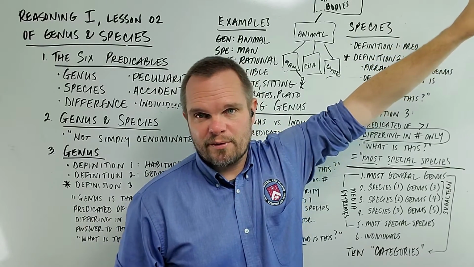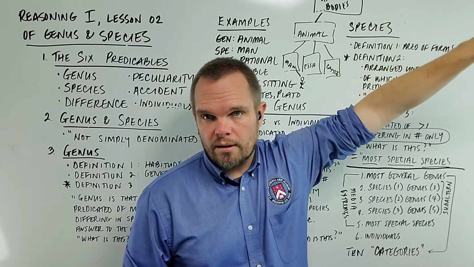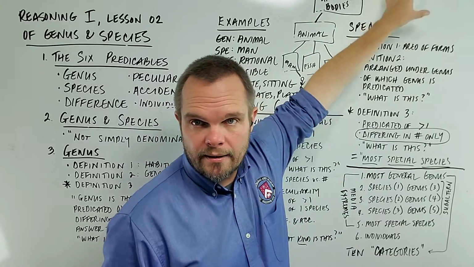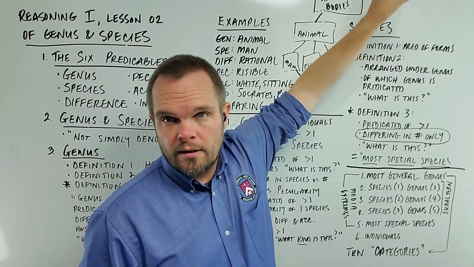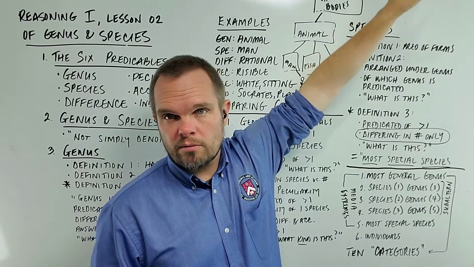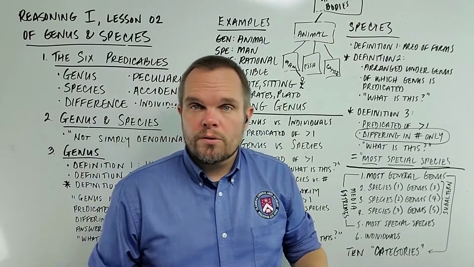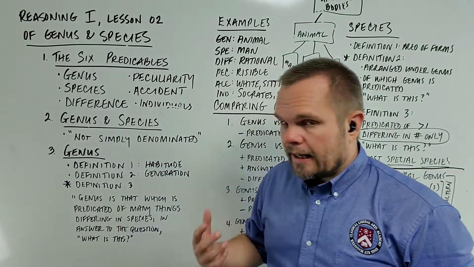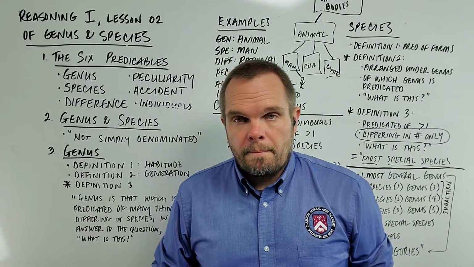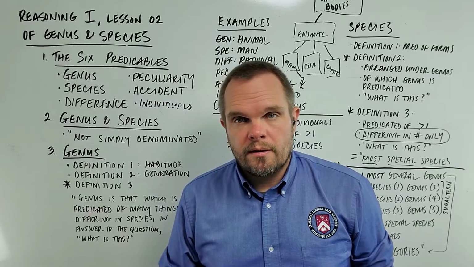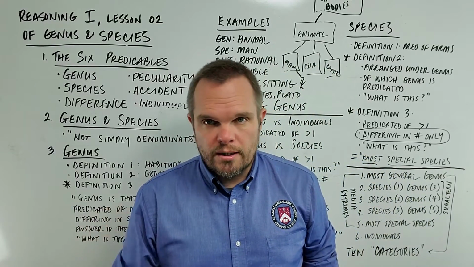I know that's a mouthful. There are 10 most general genera. And those 10 genera, the 10, I'll say genuses, okay? Those 10 most general genera, like substance is one, those are the 10 categories of Aristotle. Okay? The 10 categories are the 10 most general genera.